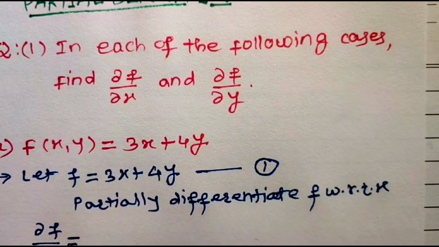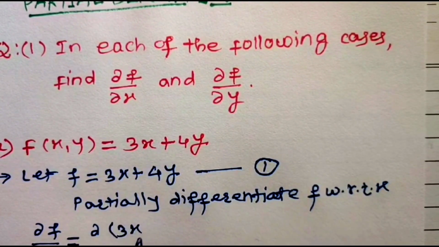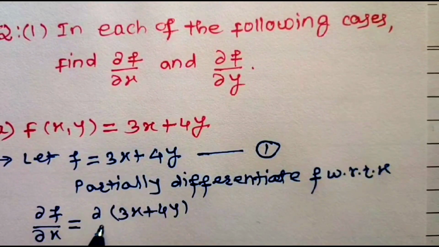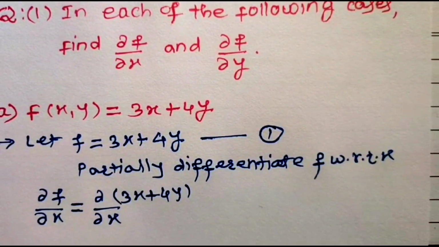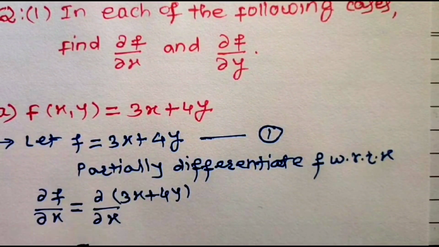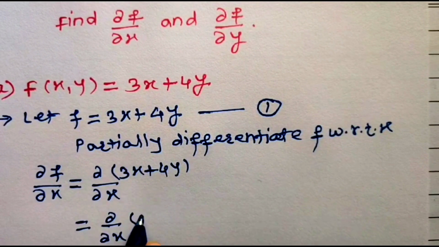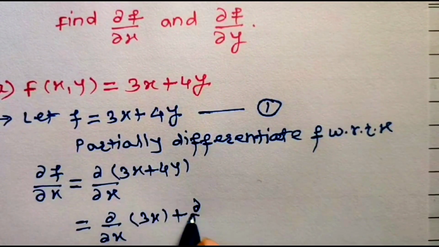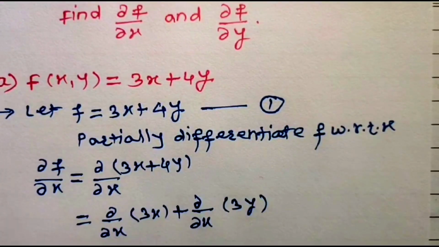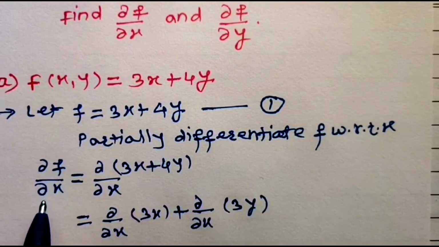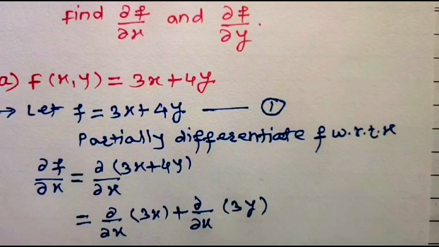This is equal to partial derivative of 3x plus 4y, partial derivative with respect to x. Now you can separate the terms. So this is equal to partial derivative with respect to x of 3x plus partial derivative with respect to x of 4y.